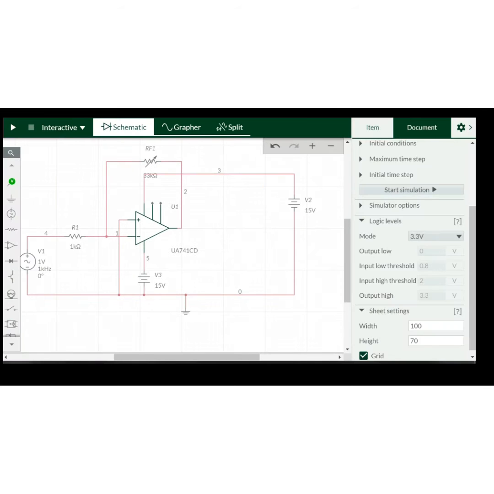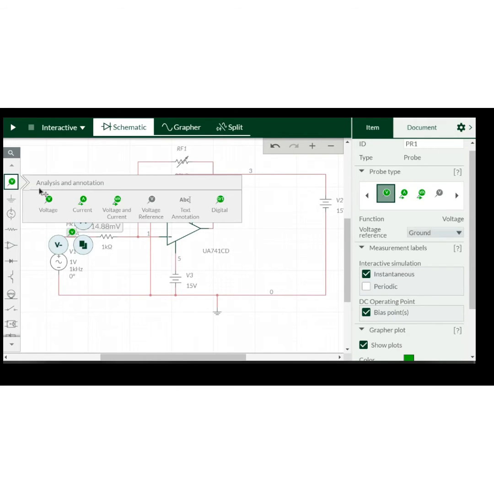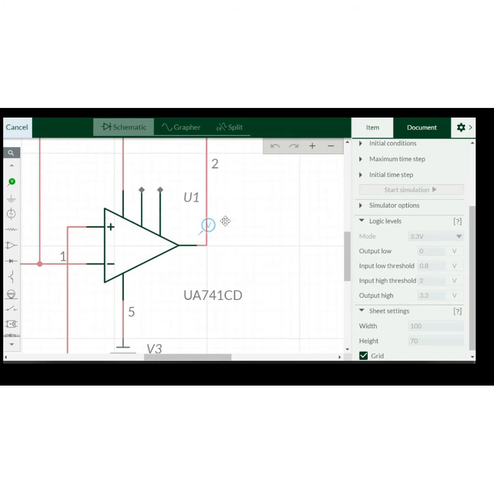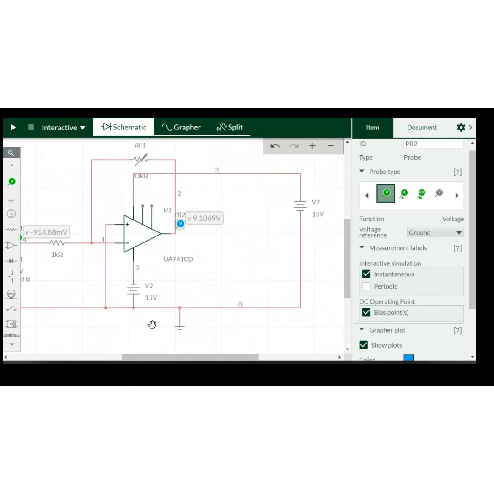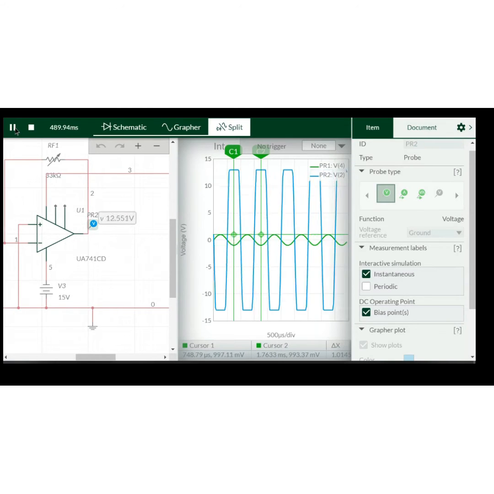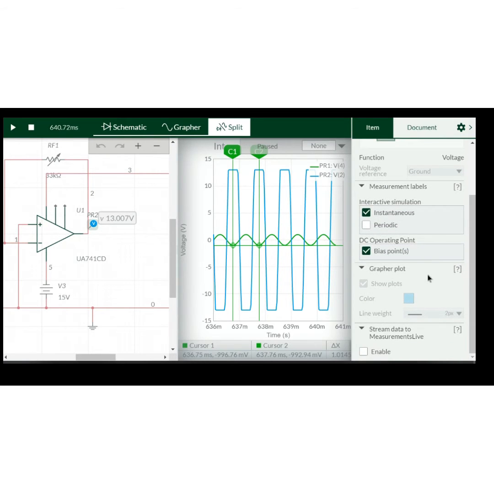Now for RF 33 kilo ohm, put the probe before the 1 kilo ohm and at the output of the 741 op amp, and then run the schematic diagram and click split to get the graph.